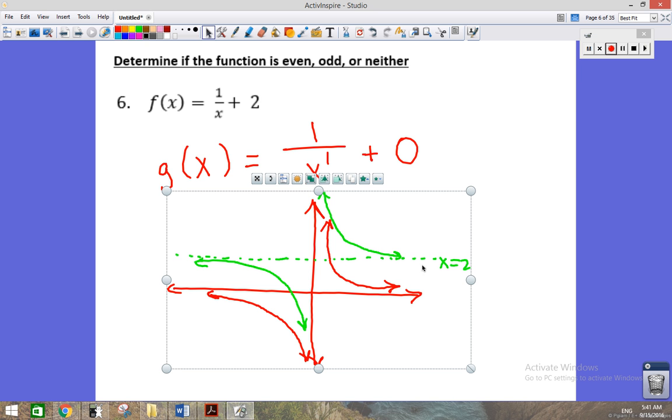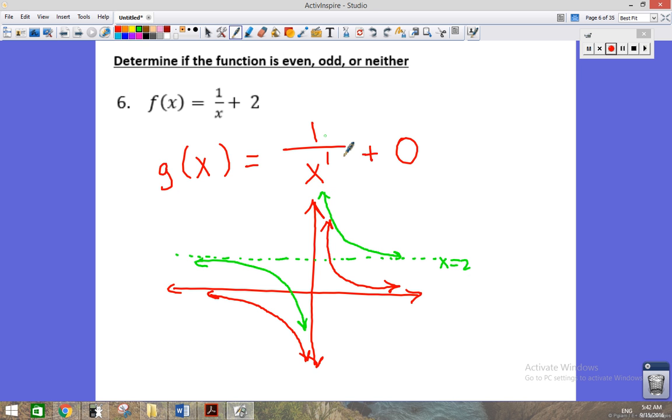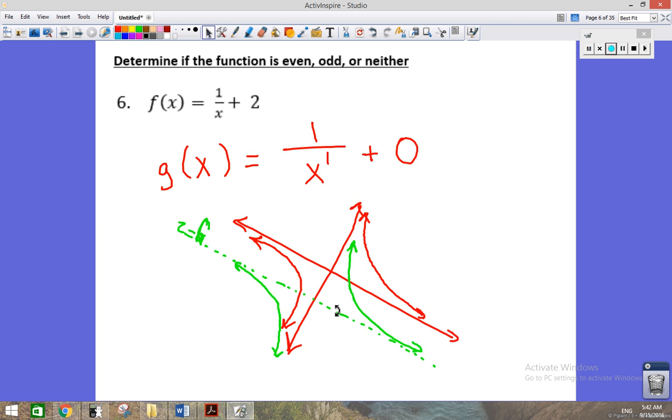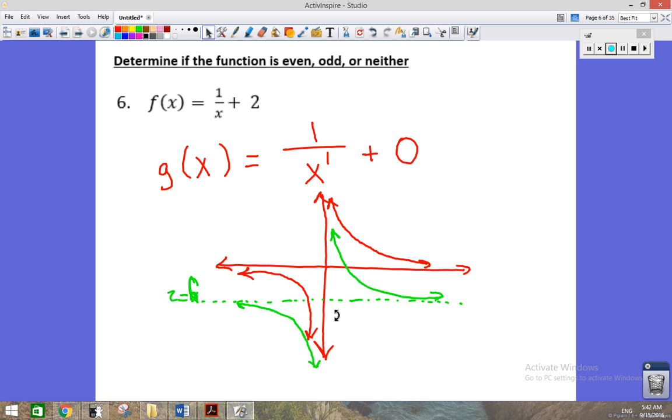The output of this function is getting closer and closer. I said x equals 2 and I meant to put y equals 2 right there. Getting closer and closer to this line. Well, that line is positive 2 there, and if you rotate it, that line is now y equals negative 2 in that picture, and the y values are getting closer and closer to negative 2. It's clearly not the same graph.